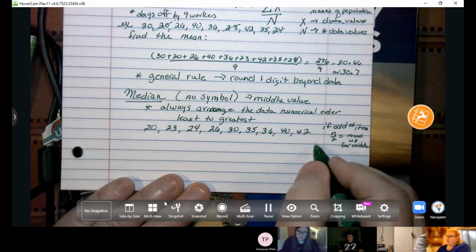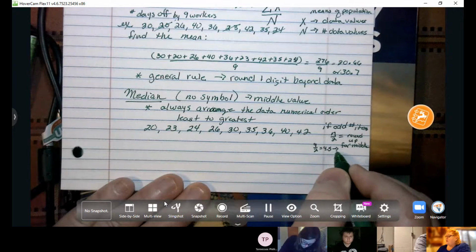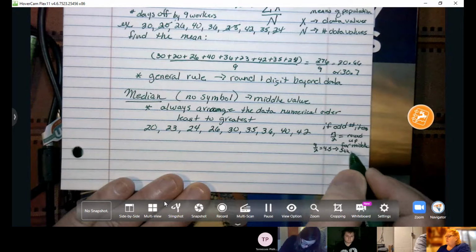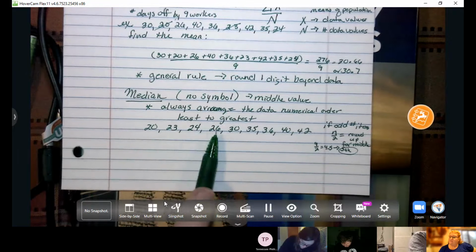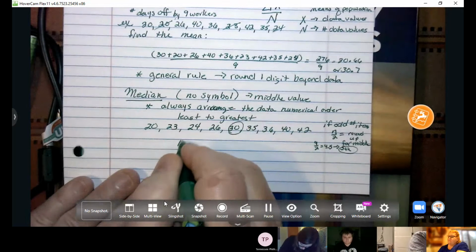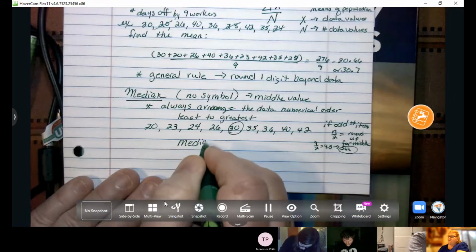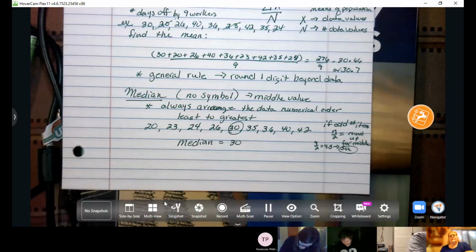So in this case, we get 9 divided by 2, which is 4.5. So the 5th item is the middle value. 1, 2, 3, 4, 5. The median equals 30.